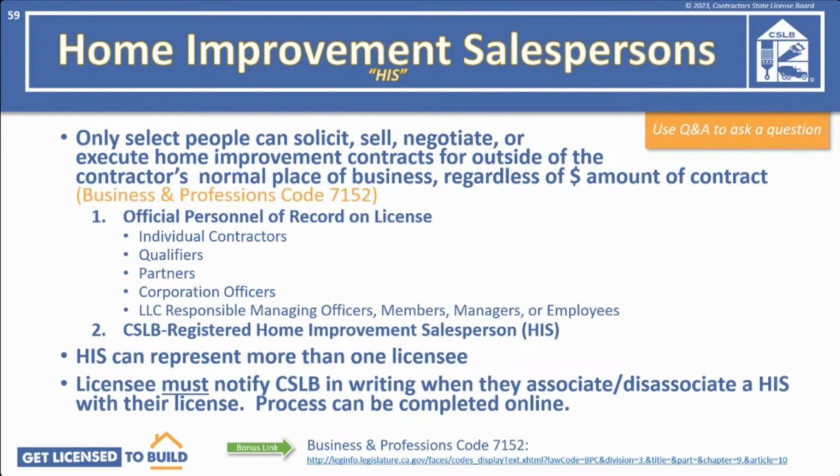That includes individual contractors, license qualifiers, partners, corporation officers, and LLC responsible managing officers, members, managers, or employees. An HIS can work for more than one contractor. The licensee must notify CSLB when they either associate or disassociate an HIS with their license. This process can now be completed online as well.